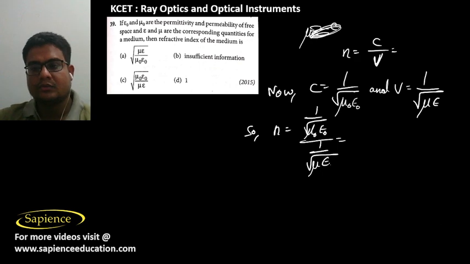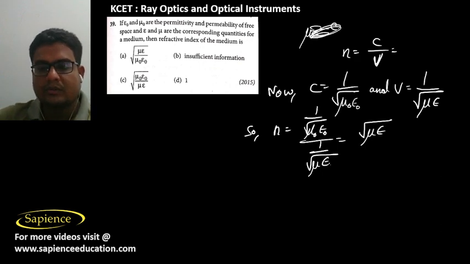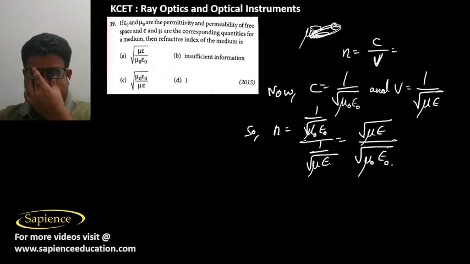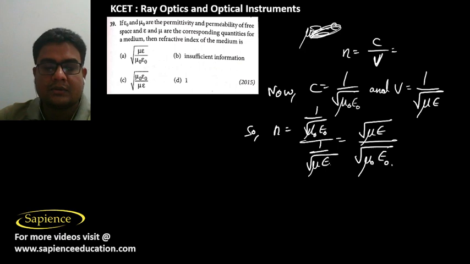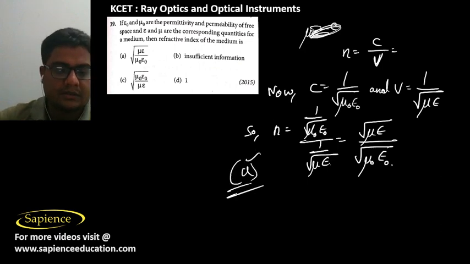So this will be equal to root over mu into epsilon divided by root over mu naught into epsilon naught. So this is the required refractive index. So option A is the correct answer.